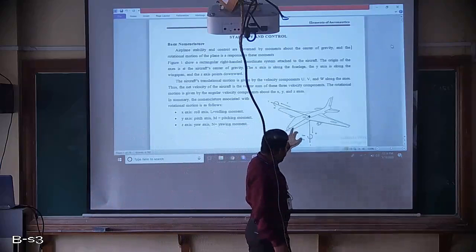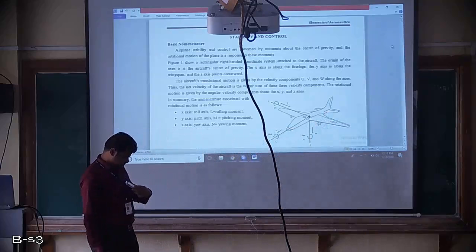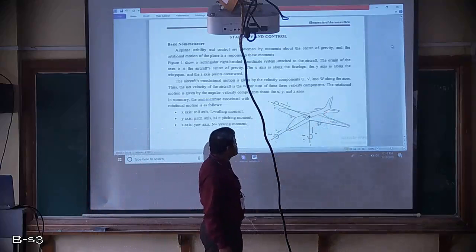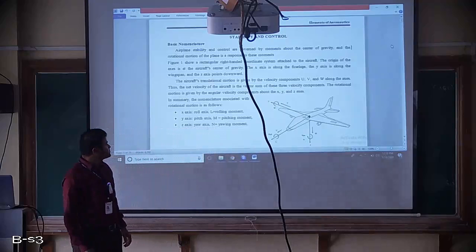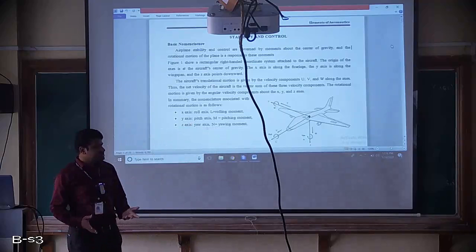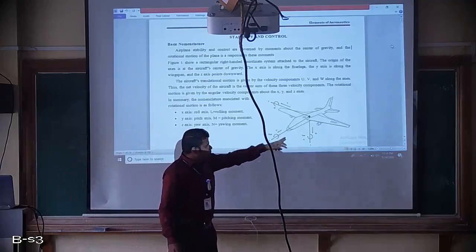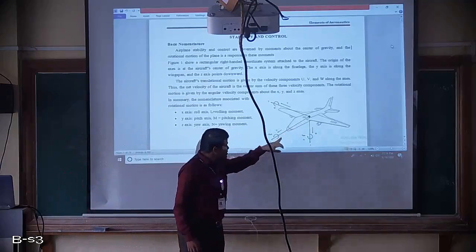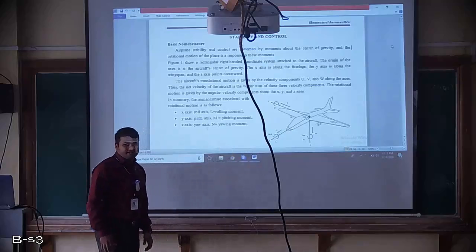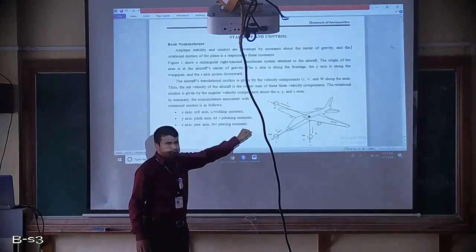The x-axis we can also call the longitudinal axis, the y-axis can be called the lateral axis, and the z-axis can be called the directional axis, or vertical axis. And the movement of the aircraft will be along these three different axes.